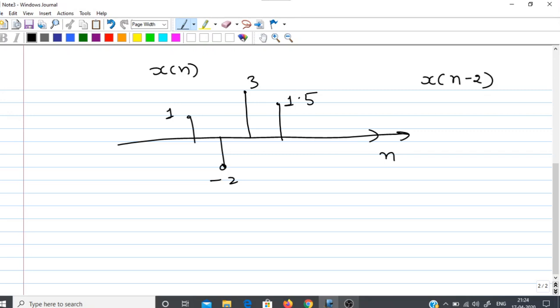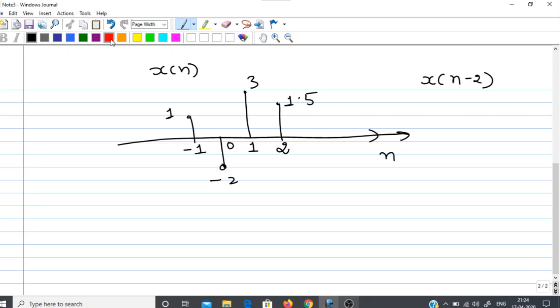So what will you do? Let's say this sample value 1 corresponds to n equals minus 1, this corresponds to 0, this value 3 corresponds to n equals 1, and value 1.5 corresponds to n equals 2. Now we have to draw x[n minus 2].